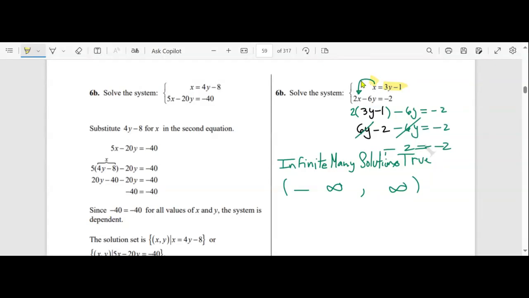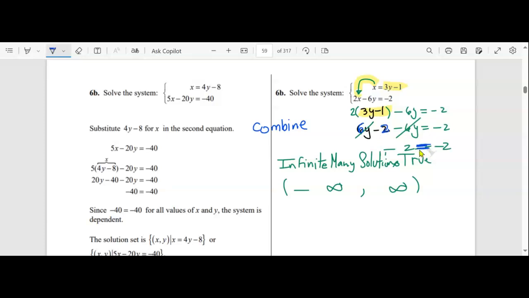Because I'm going to replace x by 3y minus 1. 2 times 3, how much? 6. And 2 times negative 1? Minus 2. And then you combine like terms. When you combine like terms, you get negative 2 equal negative 2.